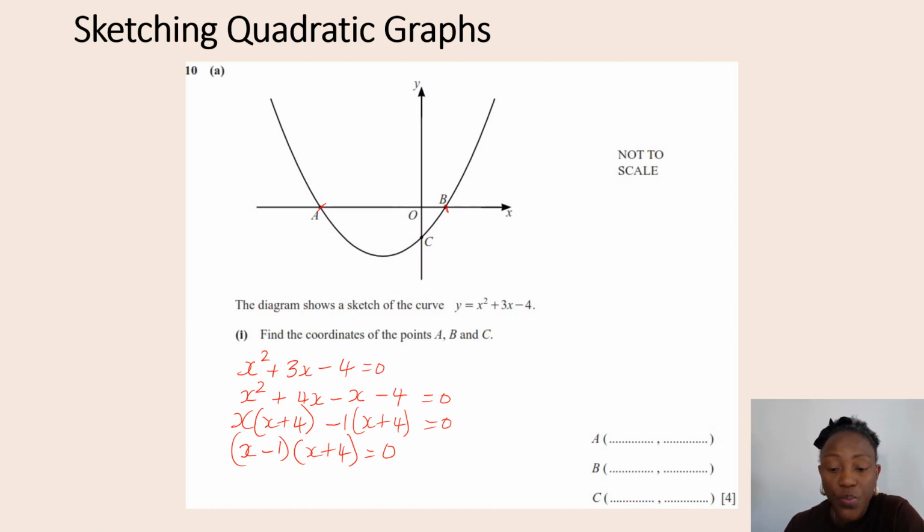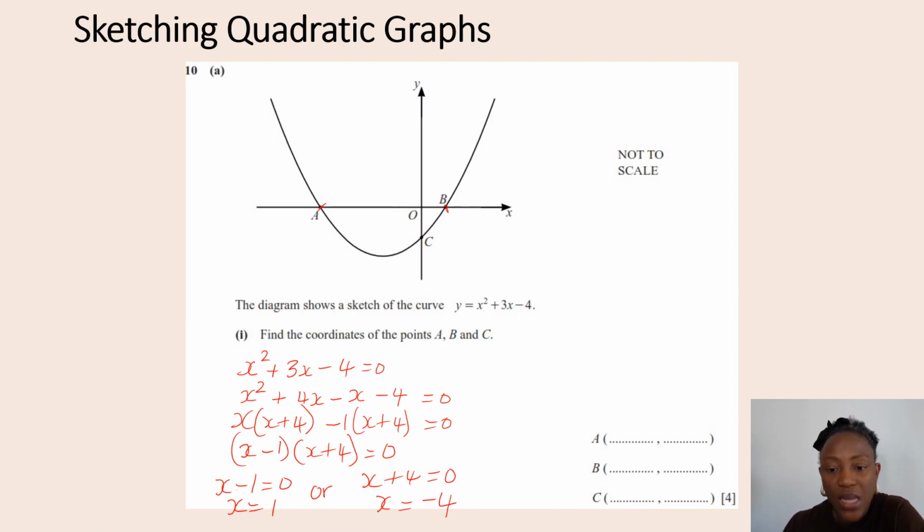So it's either x minus 1 equal to 0, which implies x is equal to 1, or x plus 4 equal to 0, which implies x equals minus 4. So x could be 1 or minus 4.